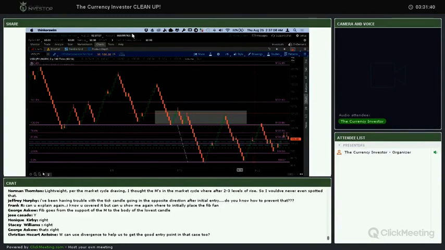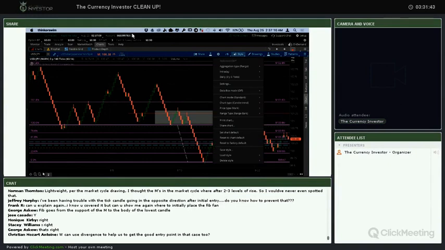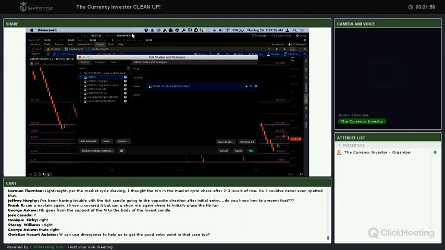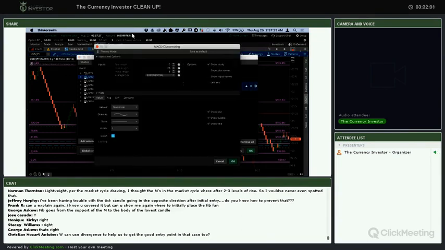So we go in with the divergence. We go to studies, edit studies. We go MACD. After we go MACD, we go into our MACD settings: 22, 55, and we can choose any number between 3 and 6.